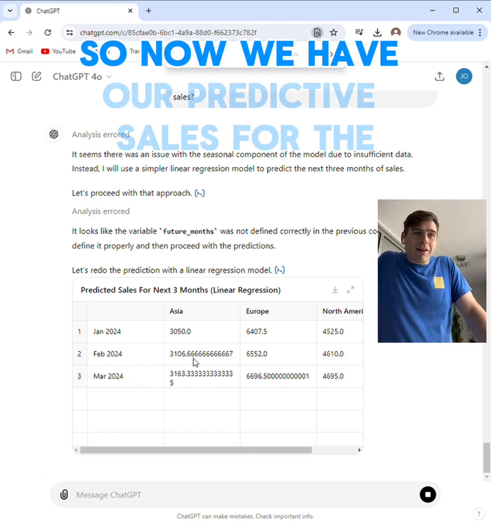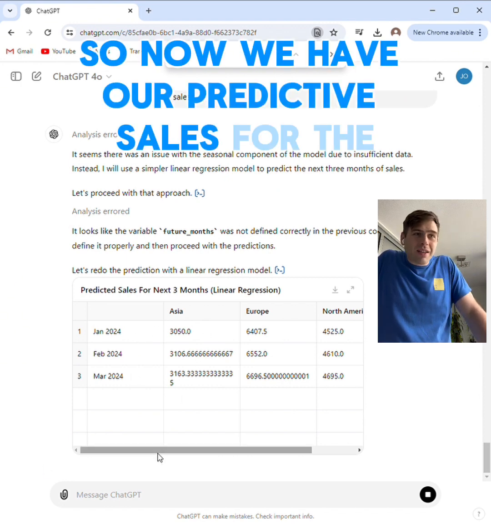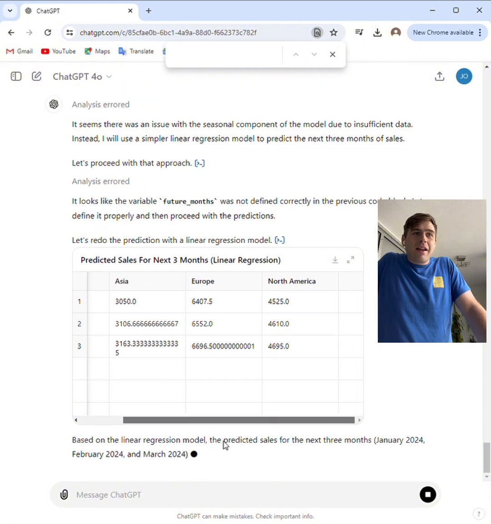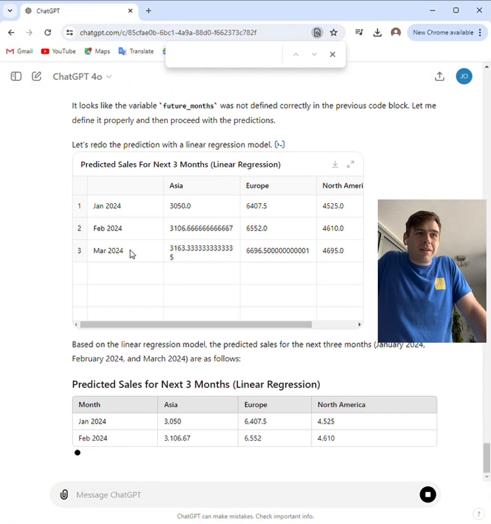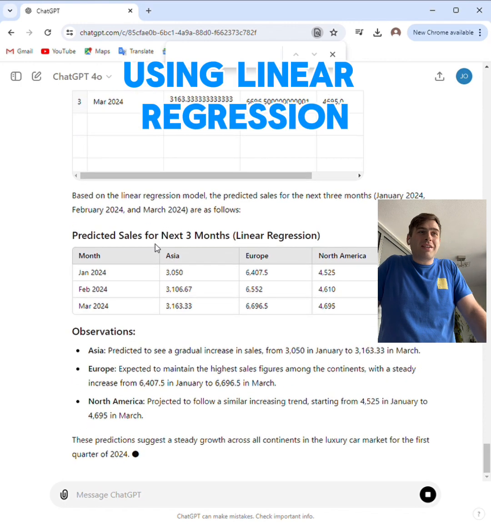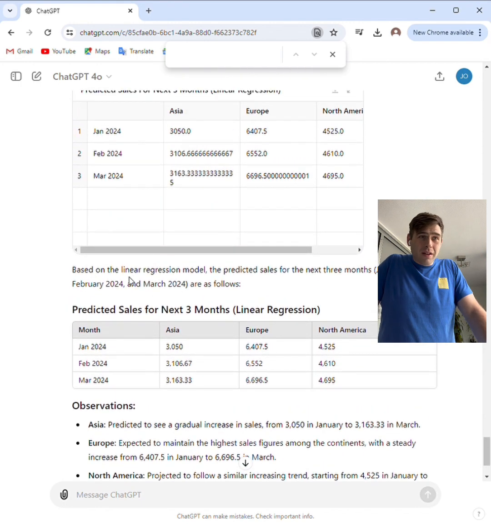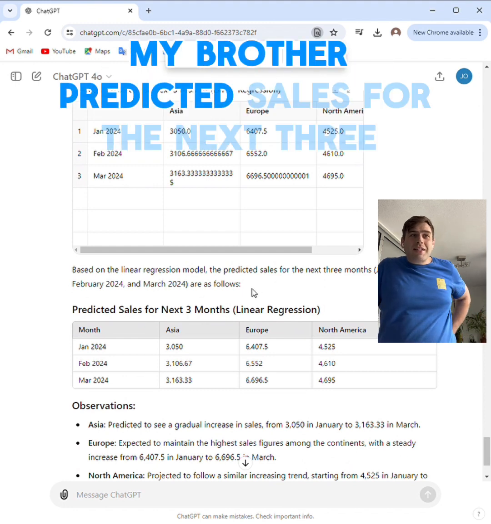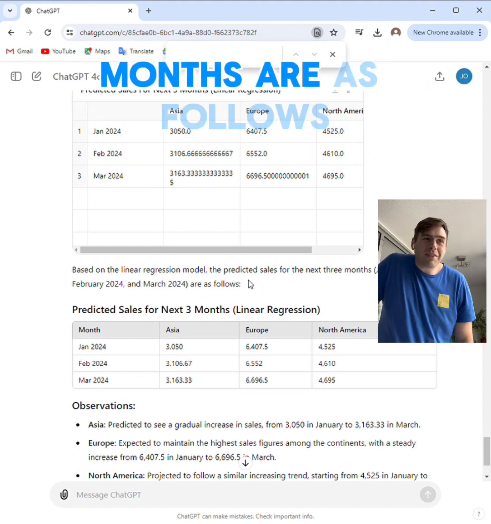So now we have our predictive sales for the next 3 months using linear regression. Based on the linear regression model, the predicted sales for the next 3 months are as follows.